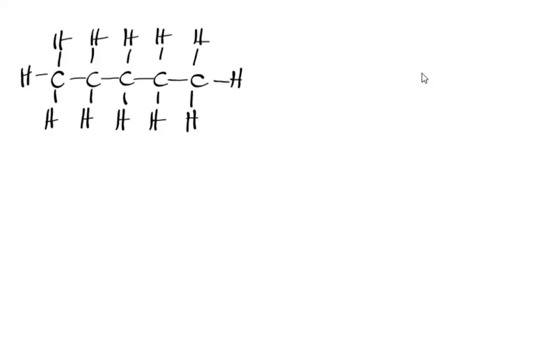The first molecule that I want to look at is this, and there's its displayed formula showing all of the carbons and the hydrogens and the bonds. If we wanted to draw this skeletally, then we just need to match the skeleton with the number of carbons that we've got.